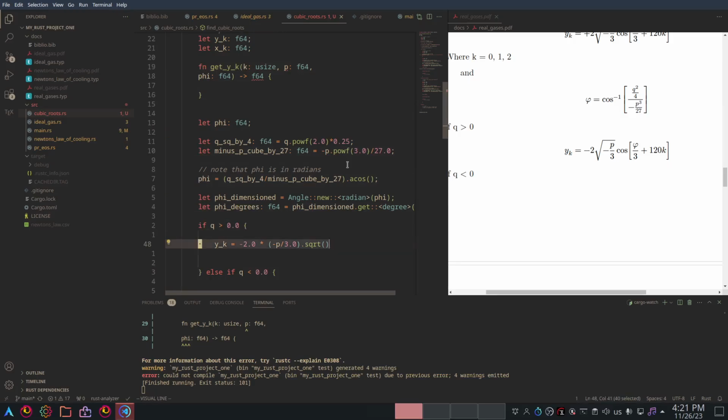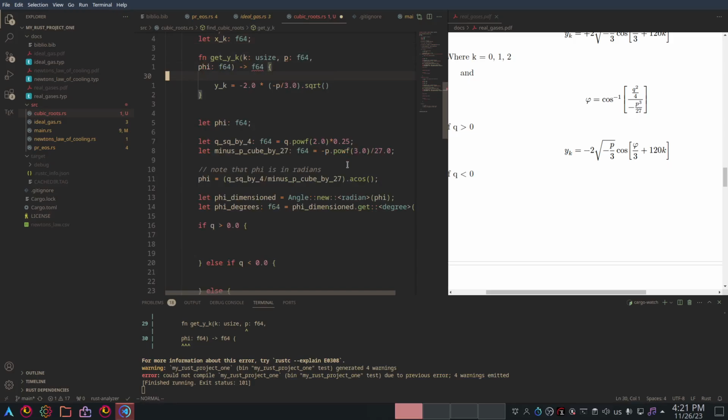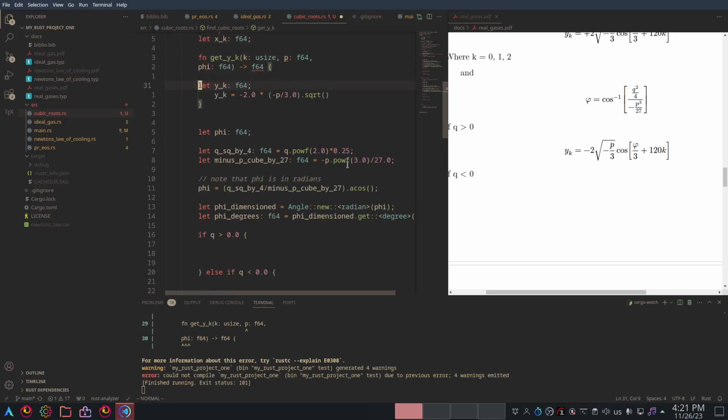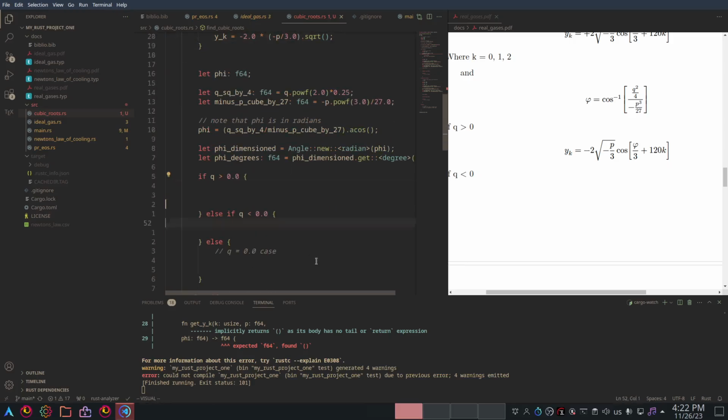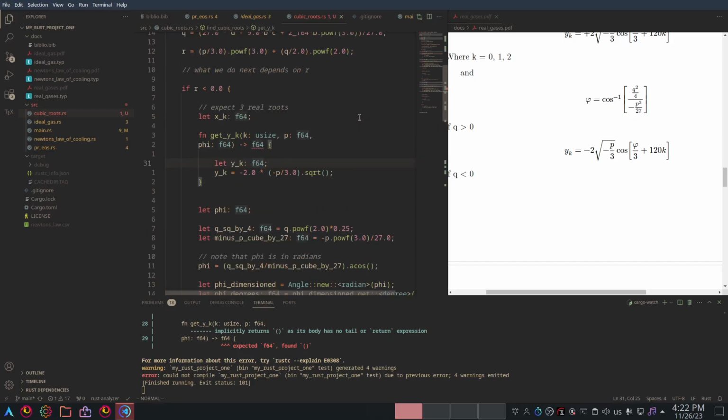So what I need to do is to put these two bits of things here, and I will not have yk outside anymore. I will put this over here, yk equals to, within the context of this function, and then I'll call the function here multiple times. So let's see.